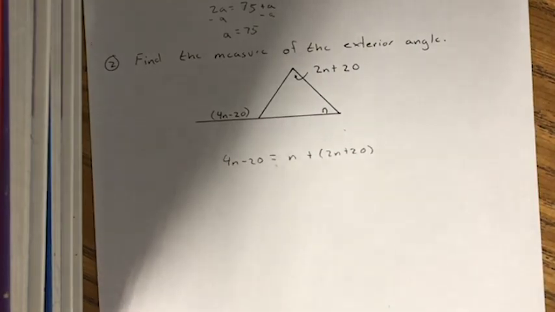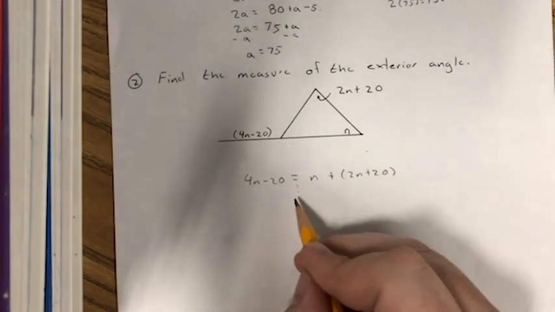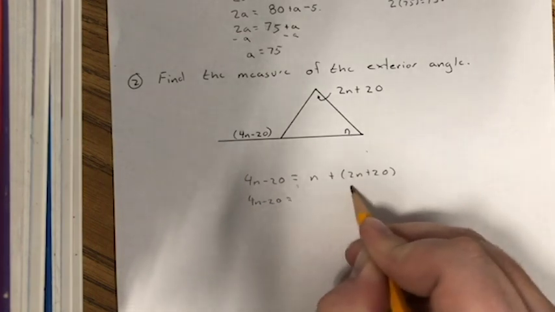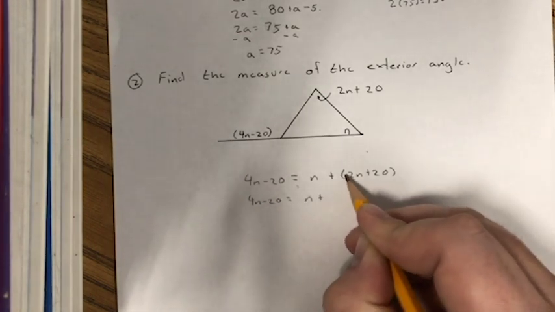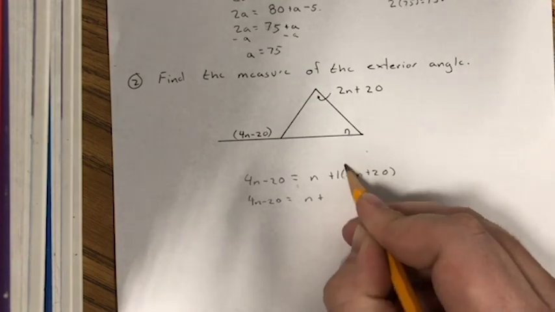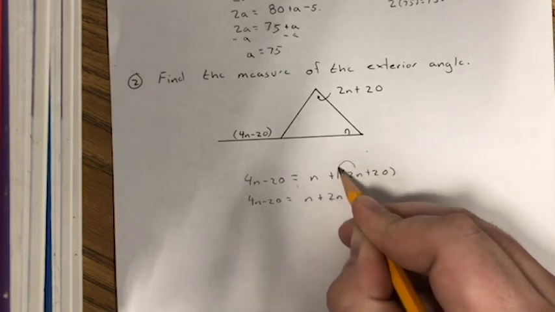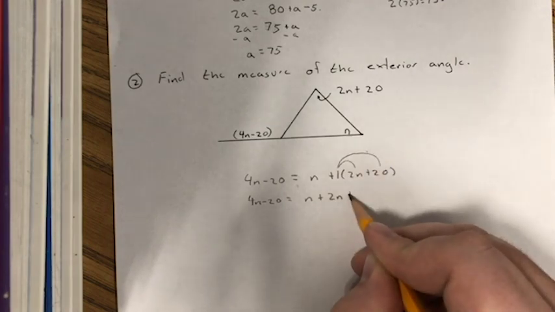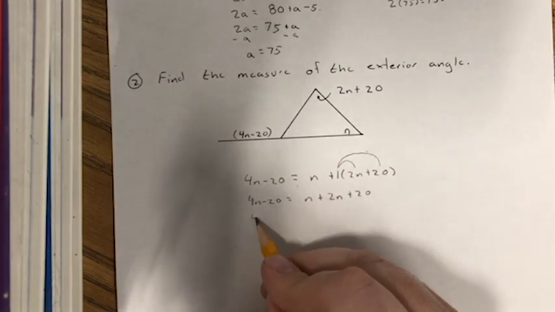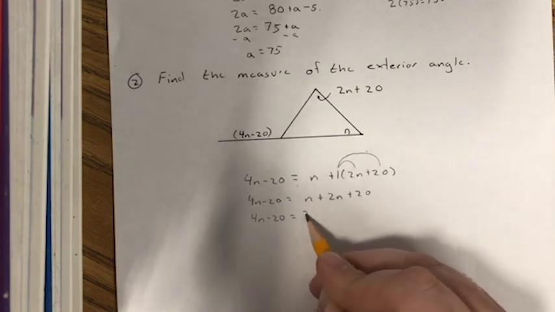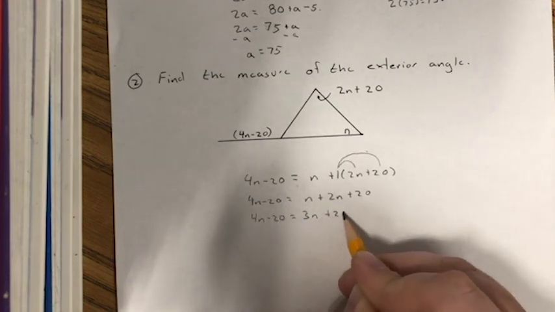Let's go ahead and put things together and simplify our sides. 4n minus 20 is equal to n plus, and since we know there's an invisible 1 here, we can use the distributive property. That would be 2n, and then we put another one here, plus 20. Let's combine some like terms on this side to simplify, and we get 3n plus 20.